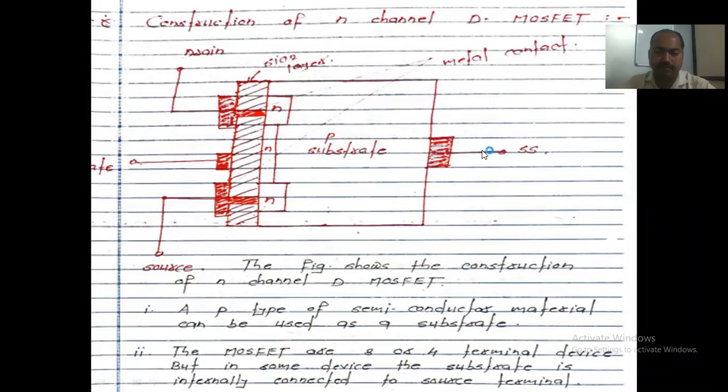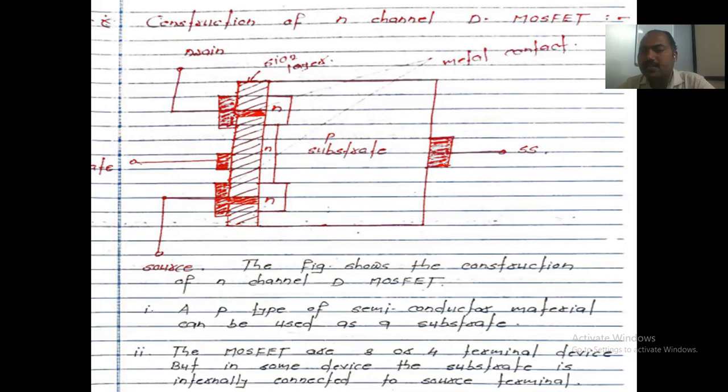The figure shows the constructional details. Normally, when we consider the BJT, the bipolar junction transistor, we know that emitter, base, and collector are the three terminals.